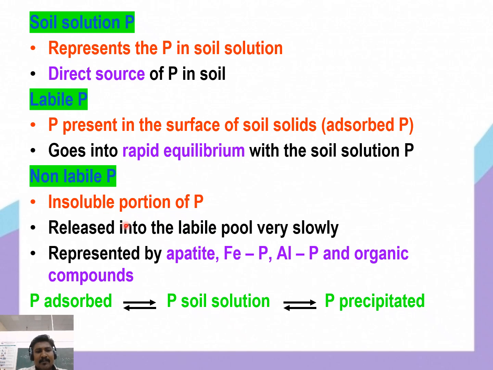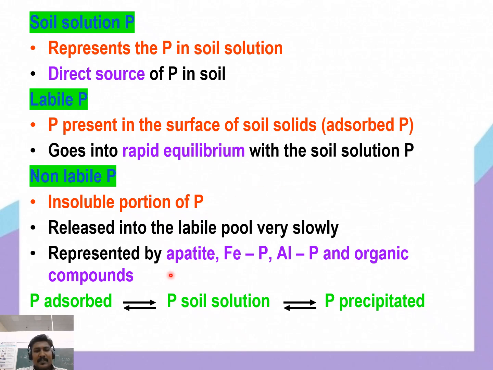The non-labile pool is the insoluble portion of phosphorus. It won't be involved in rapid equilibrium, but it will release into the labile pool. From the non-labile pool to the labile pool, the phosphorus is released slowly. So there is no equilibrium between these two, or between non-labile and soil solution phosphorus.